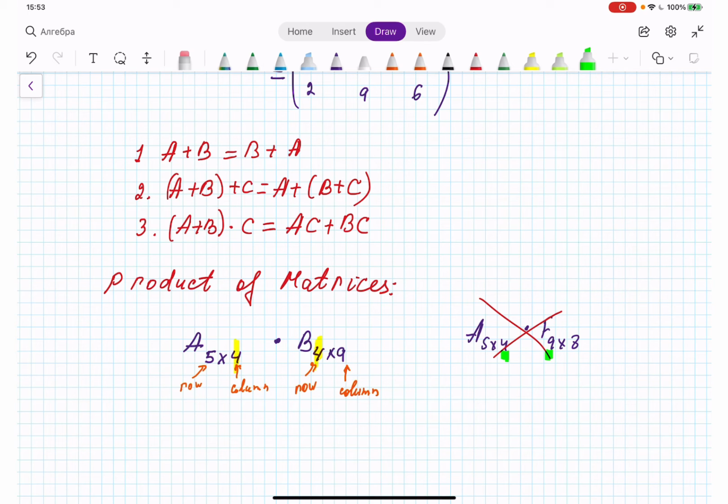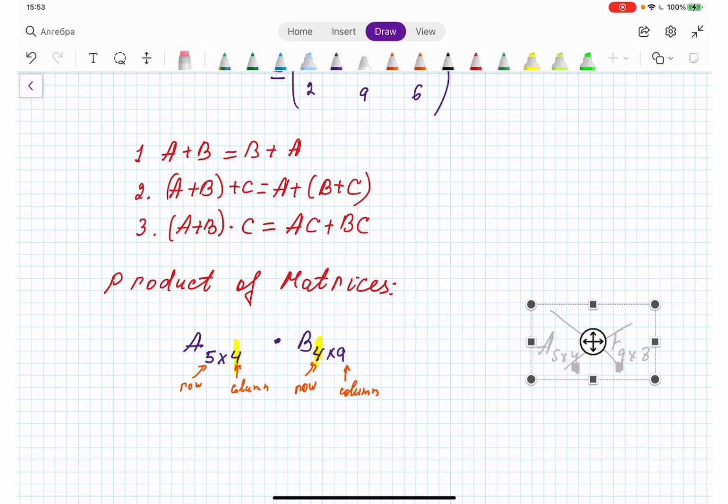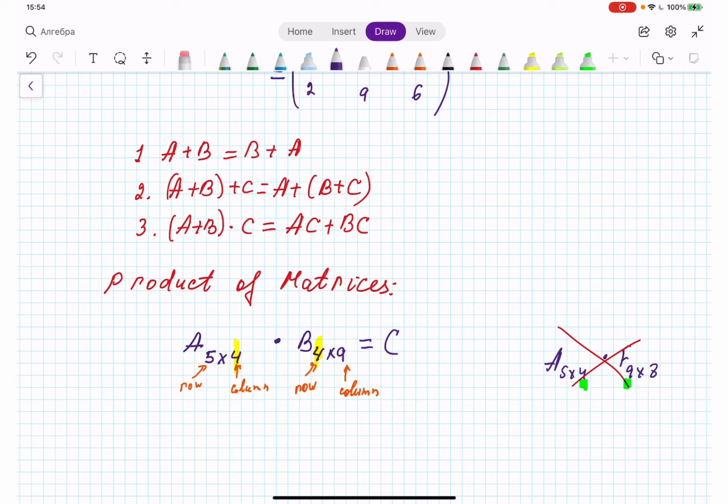Moreover, the result of matrix multiplication A by B is going to be matrix C, the size of which is going to be 5 times 9.